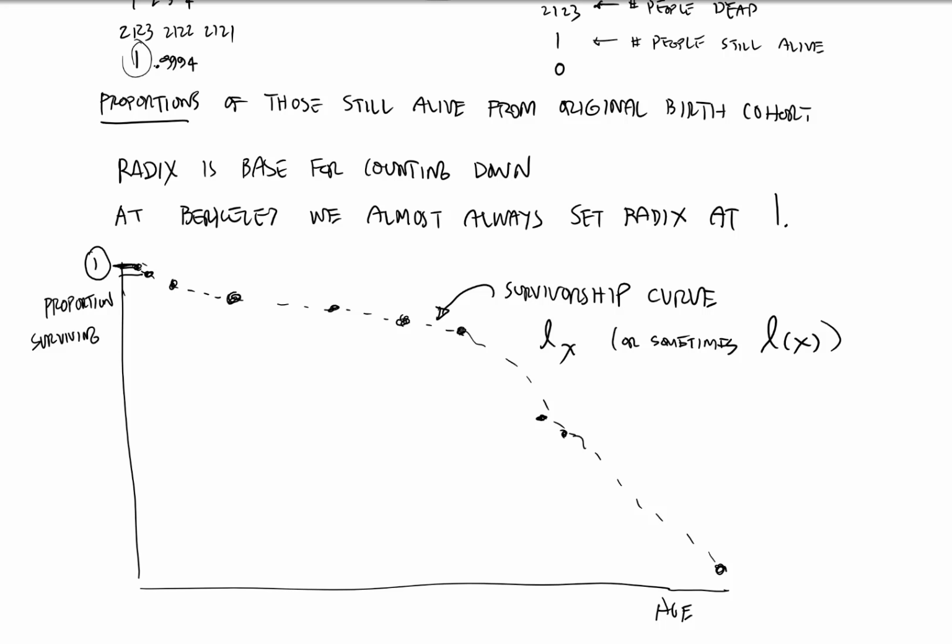The key about this is that the L x curve is monotonic. It goes down, it never goes up. It may be flat, but it is monotonic. So this is important.